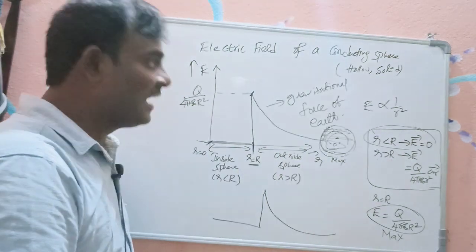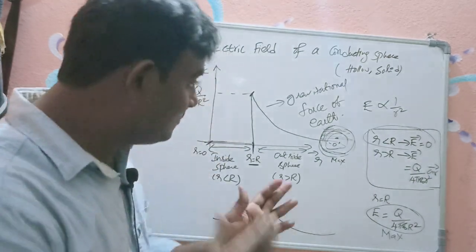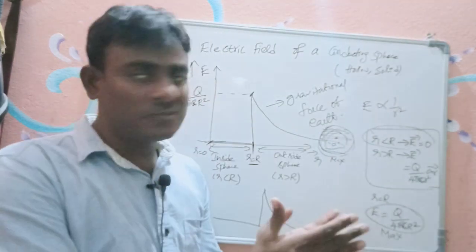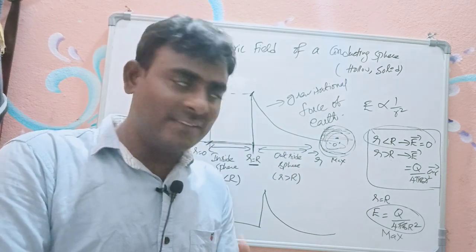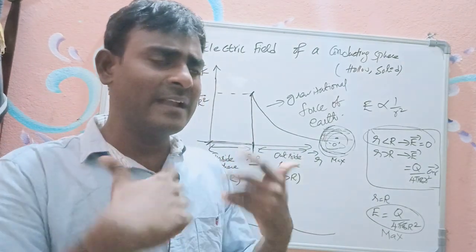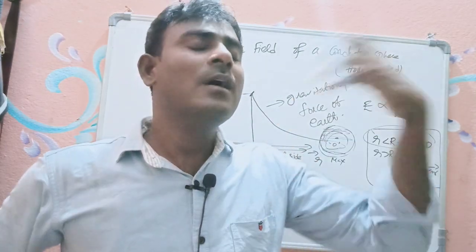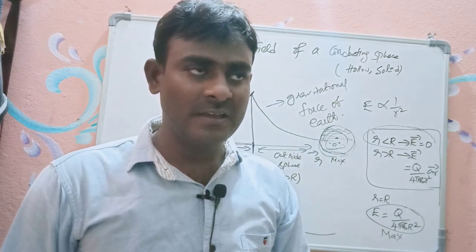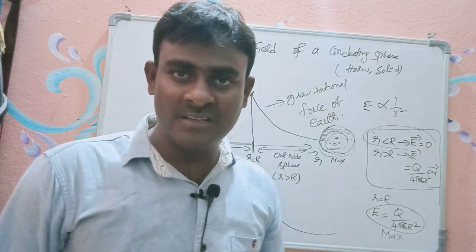Similarly, you got the electric field. So in this way, you can understand the electric field due to a conducting sphere, whether it may be a hollow sphere or a solid sphere. This concept will be very useful in finding the potential inside a conducting sphere, or the potential outside the conducting sphere, or the field inside the sphere. Like that you may get different questions in competitive examinations.